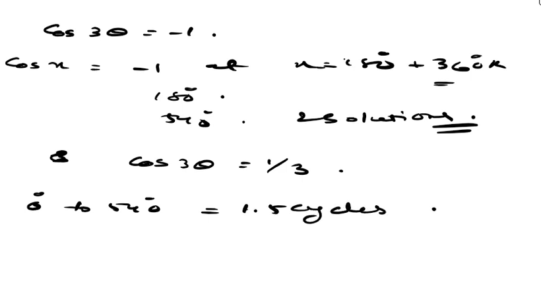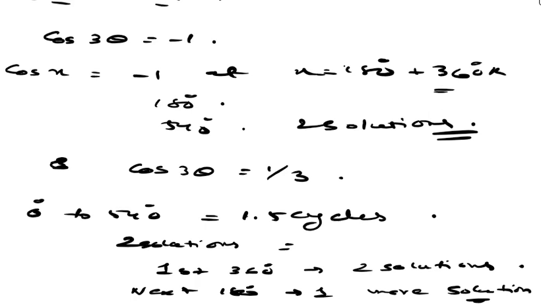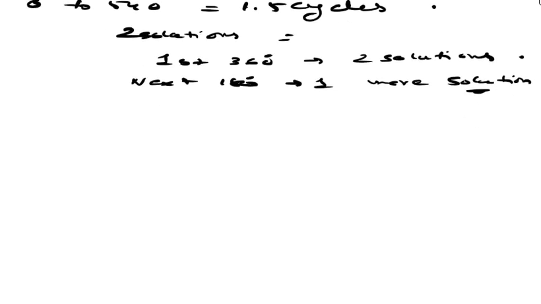Each full cycle gives two solutions. So first 360°, two solutions, and next 180°, one more solution. Okay, so total 3 solutions.